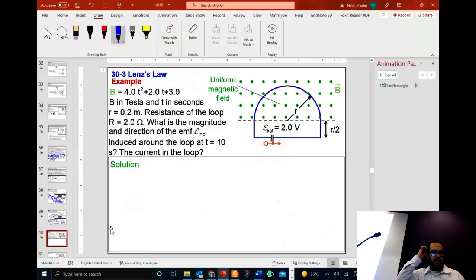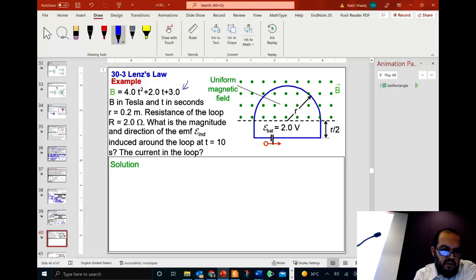Here is another example. So now we have a circuit. The circuit has a battery, and the battery is connected to this loop. This loop is making a semicircle, and this semicircle happens to be in a magnetic field. This is a uniform magnetic field, but it is changing with time.